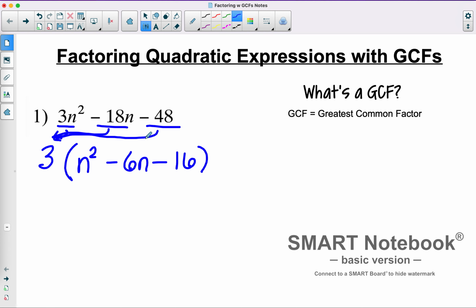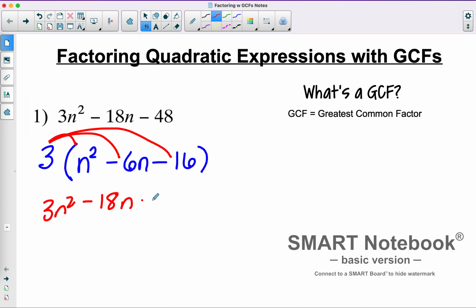So we talk about that as an undistributing process, because if you went back through and distributed, you would get what you originally started with. So you can check your answer just by thinking 3 times n squared is 3n squared. 3 times negative 6n is negative 18n. 3 times negative 16 is negative 48.